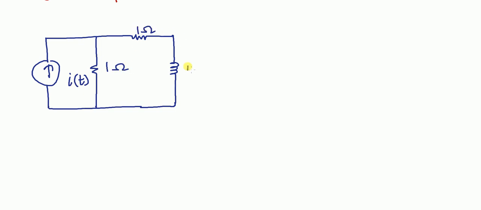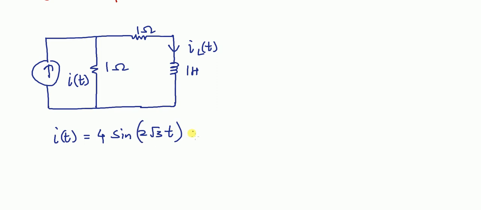This is also 1 ohm, 1 Henry inductor. And we have to find the steady state current through inductor. And this input current source is 4 sin(2 root 3 t) ampere. Sinusoidal current source is connected here.